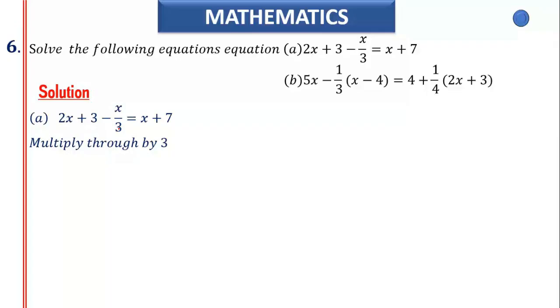Of course, the simplest thing to do is to multiply through by the denominator, the only denominator available there. If you have more than one denominator, what do you do? You multiply through by the LCM. So in this case, we're multiplying through by 3. So by implication, we have this 2x multiplied by 3, 3 multiplied by 3, minus x over 3 multiplied by 3. We have x multiplied by 3 plus 7 multiplied by 3, as shown there.